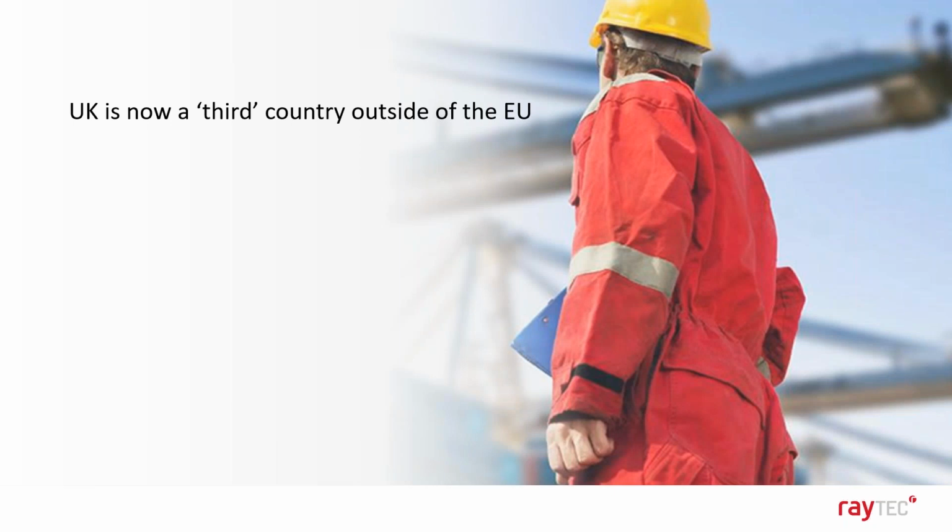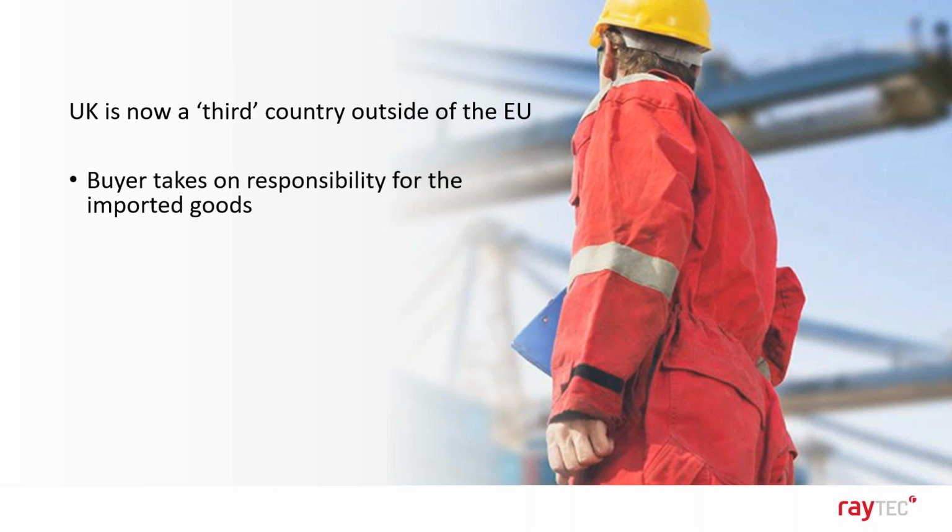The UK is now a third country outside of the European Economic Area. Therefore, distributors in the EU buying from a UK manufacturer in many circumstances are placing the product on the EU market for the very first time, and hence they are acting as an importer of goods into the EU. So the buyer takes on a little bit more responsibility than they did when the UK was within the European Union.